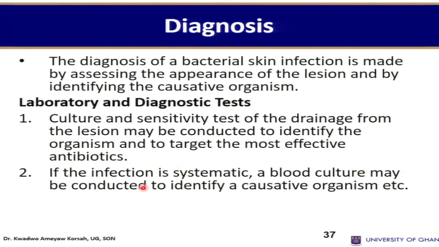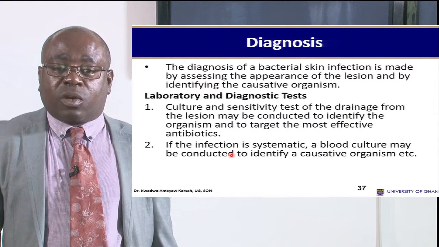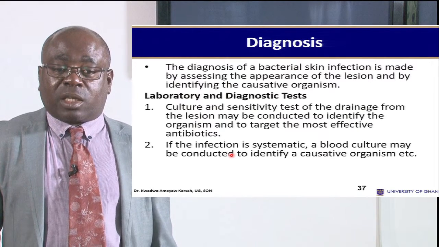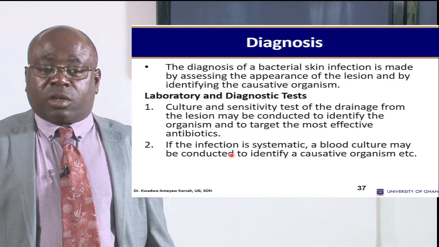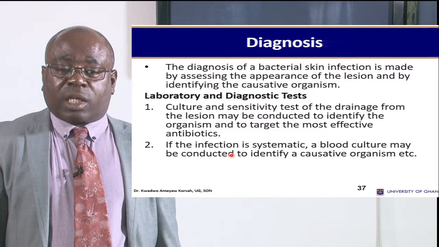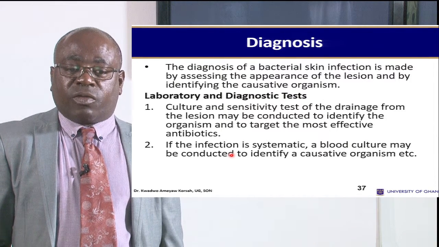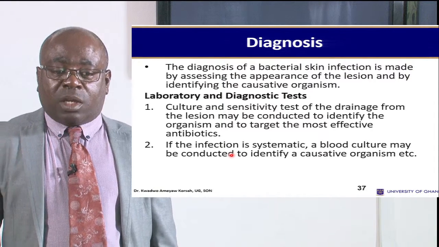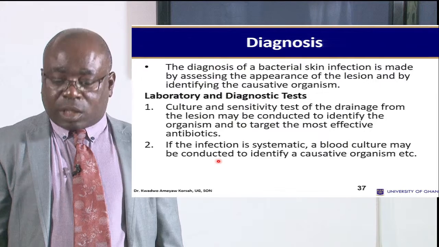Now we said that diagnostic investigations are very important, so for most of these conditions, we need to do culture and sensitivity tests of the drainage from the lesion, which may be conducted to identify the organism and to target the most effective antibiotics. And if the infection is systemic, a blood culture may be conducted to identify a causative organism.